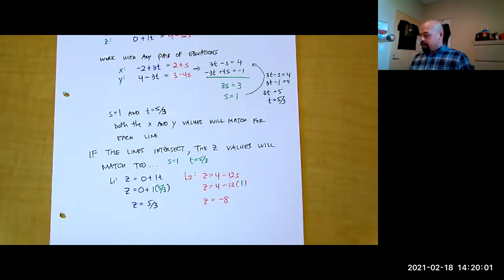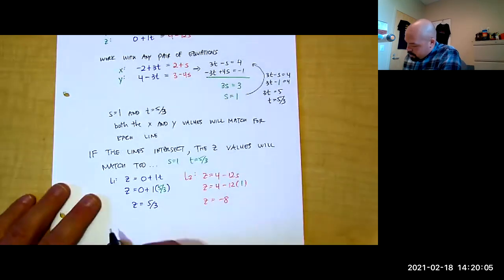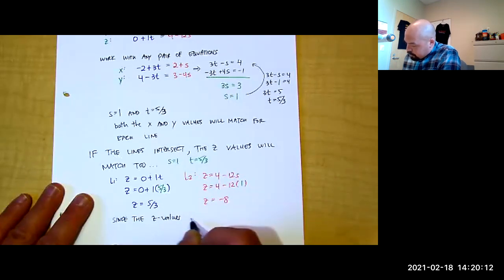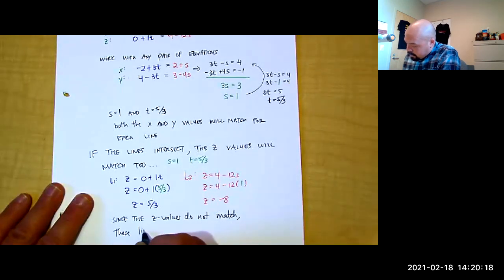All right. So in this case, since those values do not match, these lines will not intersect.